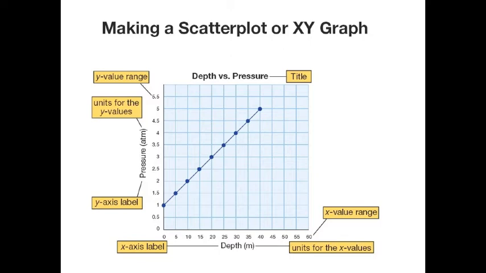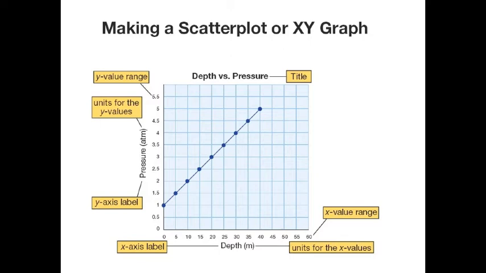The data has been plotted, so you can see that there are points leading up, and then a title has been given. This title, it's not a very descriptive title, but it fits the purpose. Depth versus pressure. We'll work in class on giving graphs more meaningful titles that help you describe the data.